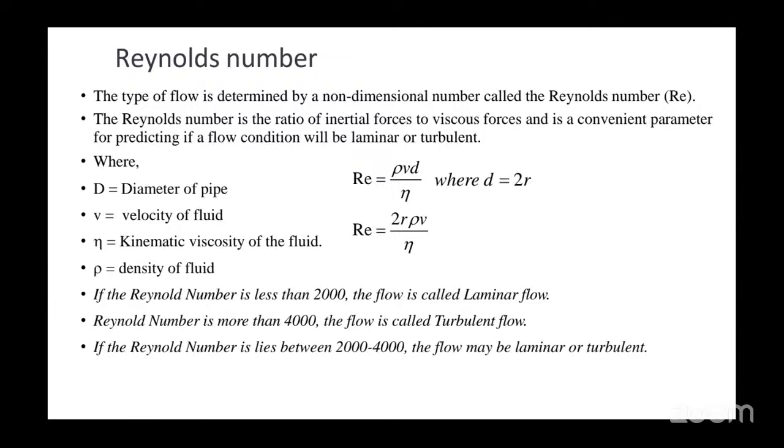Again, if the Reynolds number is less than 2,000, the flow is called laminar flow, and if it is more than 4,000, the flow is turbulent flow. So now in between 2,000 and 4,000, we need additional information to ascertain if the flow is laminar or turbulent.